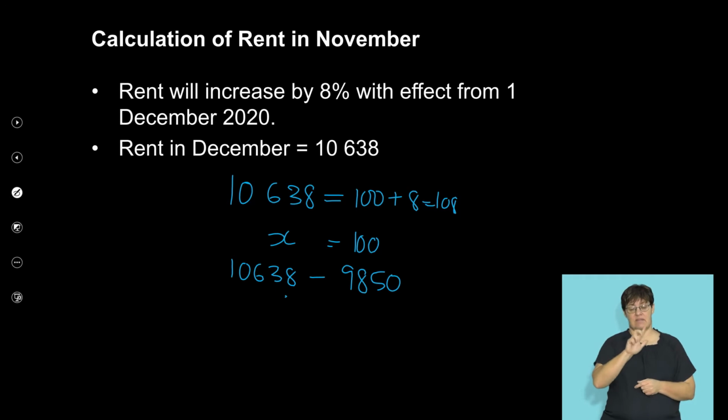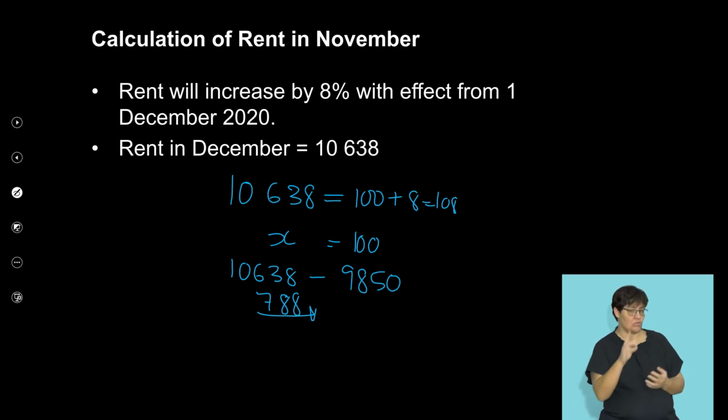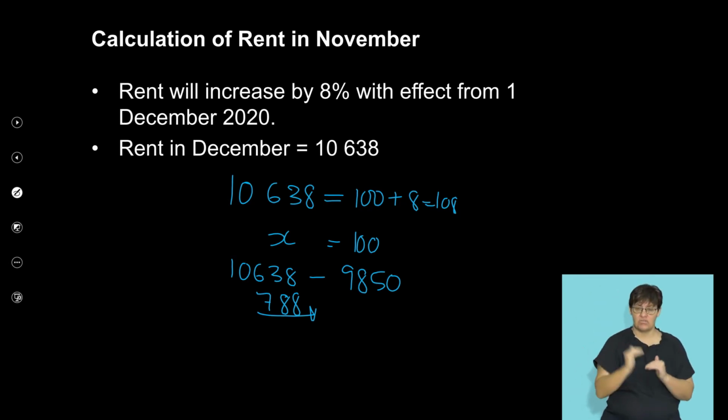So this answer here is 788. What is the 788? The 788 is the increased rental in terms of rands. Remember I said the question wants to know by what percentage did you increase your rental. Okay, now once we have the increased amount, you take the 788 over your old rental.